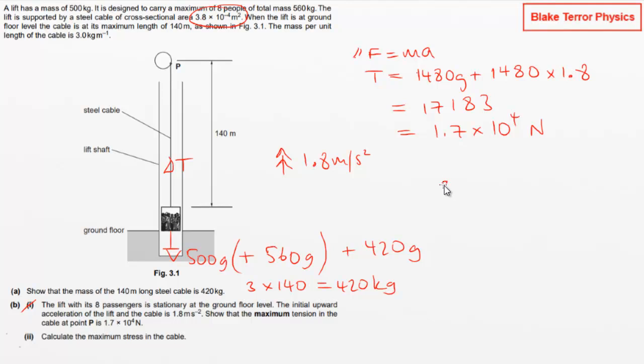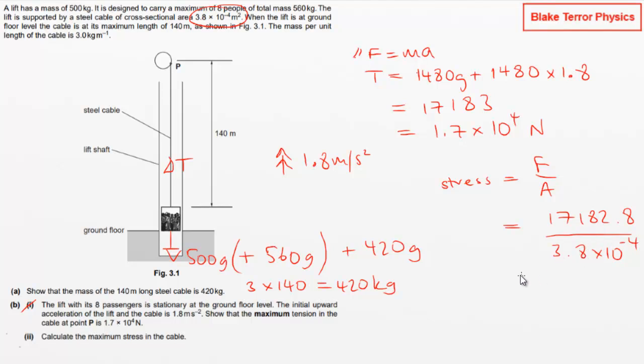So stress is force over area. So we need to take that force that we've just worked out, 17182.8, divided by the cross-sectional area of the cable. Oh, there we go. They've actually given us the cross-section. So 3.8 times 10 to the minus 4.